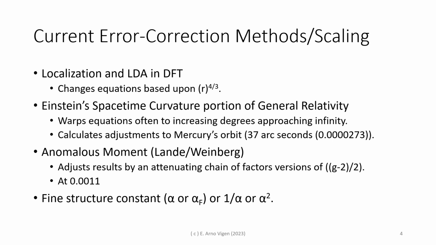Similarly, we get Einstein's space-time curvature, basically in general relativity, and that sort of twists equations. They're saying twisting space-time, but they're really basically saying the results have some sort of a gradient on it, again, a gradient.